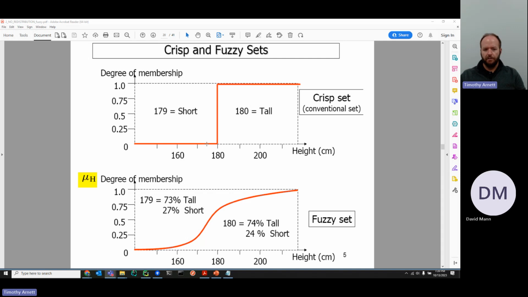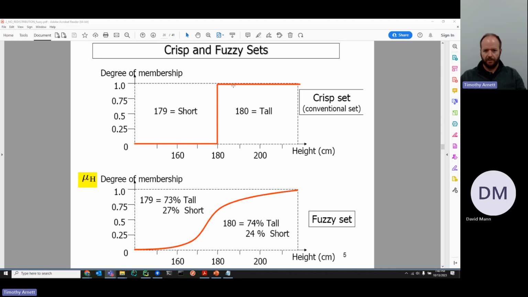And so in this case, instead of 179 right here being short and 180 being tall, we can say, well, how about 179? In this case, 179 is, we'll say, 73% tall and 27% short. And 180, which is very close to 179, you would think they would share very similar characteristics in terms of memberships in those sets.